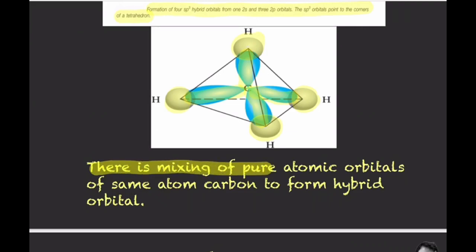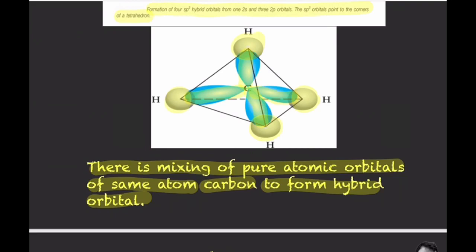There is mixing of pure atomic orbitals of the same atom, that is the carbon atom, to form the hybrid orbitals. This point is important because when we discuss molecular orbital theory, there is linear combination of atomic orbitals of the two atoms which are participating in bonding.